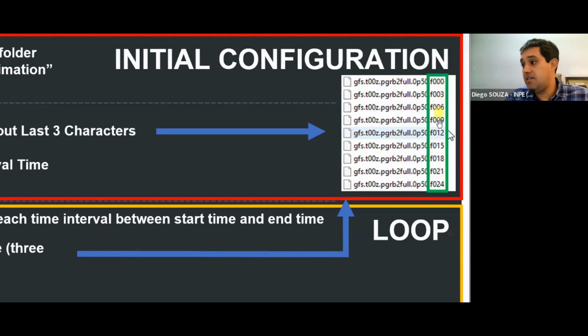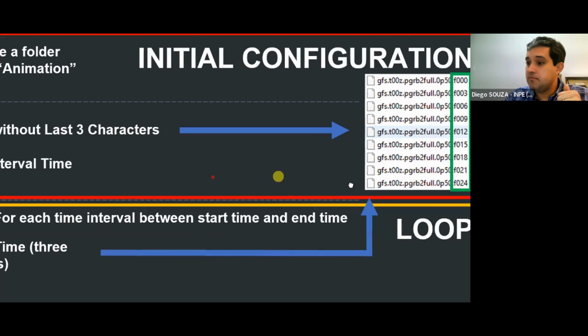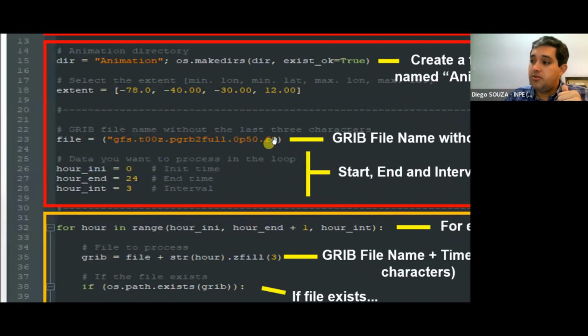F0, F3, F6, F9, etc. Because this model output here is produced for forecast times with a step of 3 hours. And I will remove, look here, I'm not inserting the last 3 digits in my variable name, right? And I will use this loop here to change the forecast time in my file name, right? In each iteration of the loop.